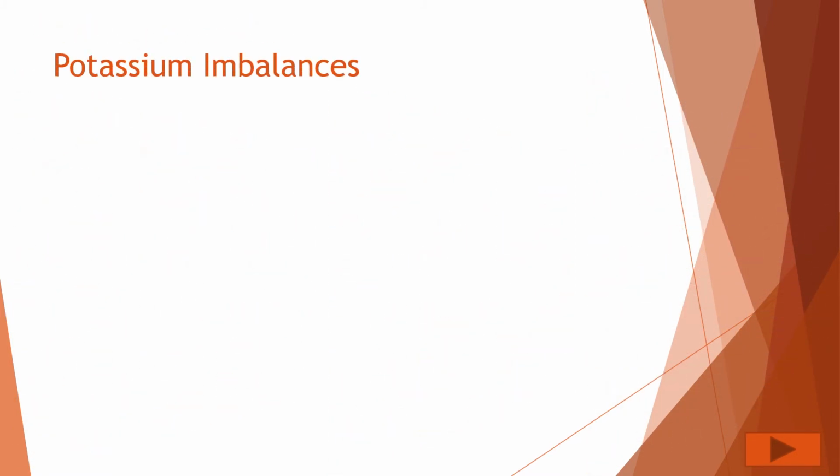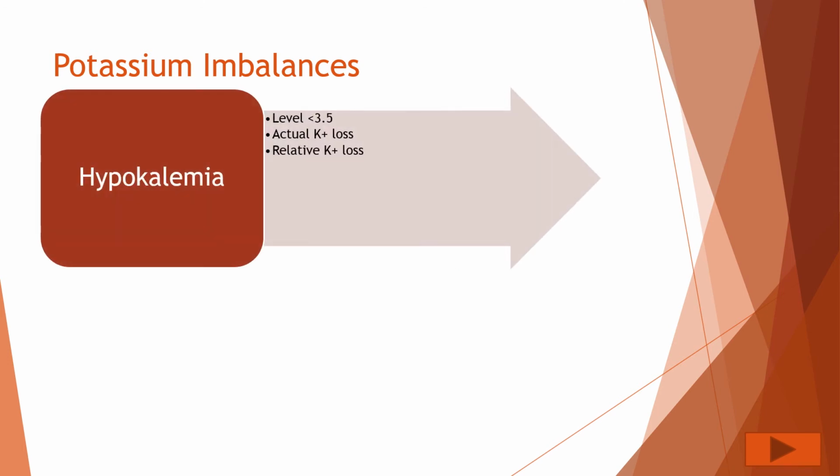Remember, we discussed potassium being the major cation of the intracellular fluid. Hypokalemia is a potassium level below 3.5 milliequivalents per liter. This can be life-threatening because total body potassium inside cells is 98%, and a minor change affects all body systems.